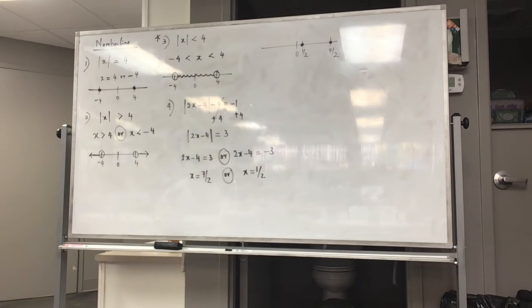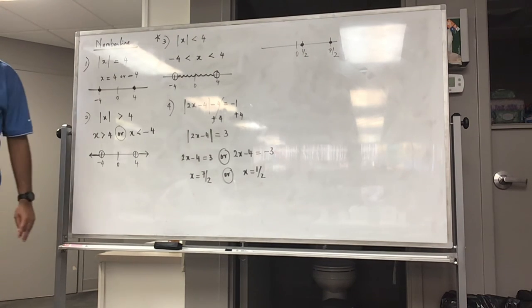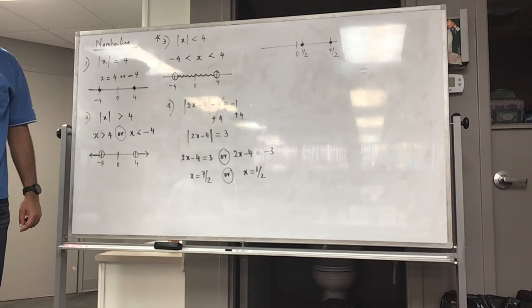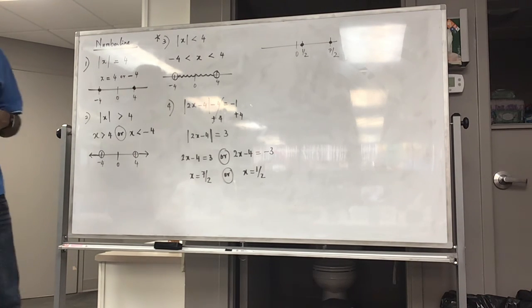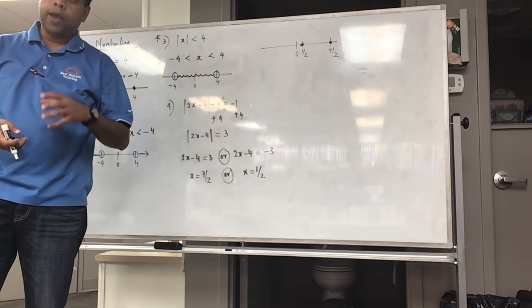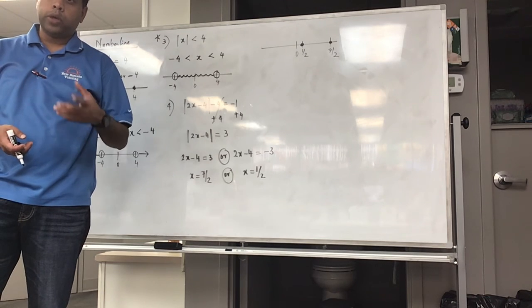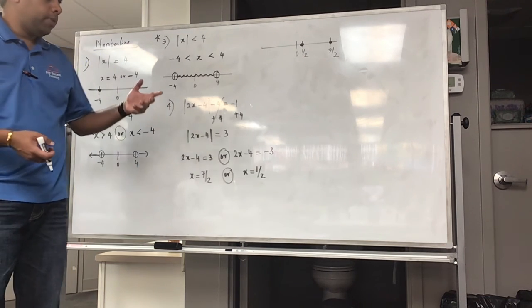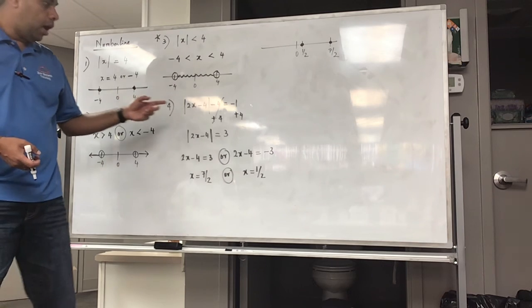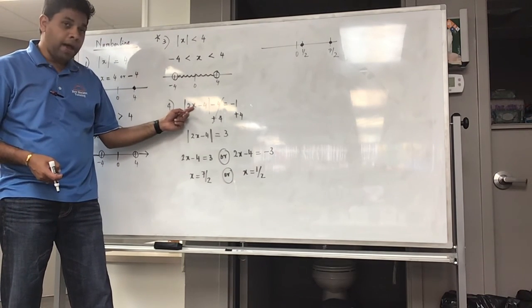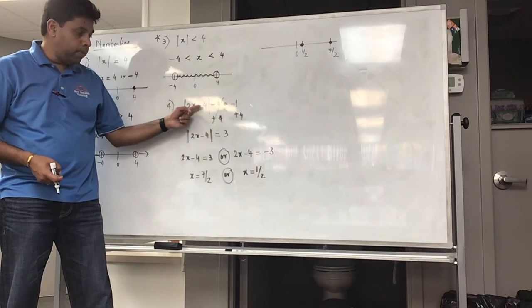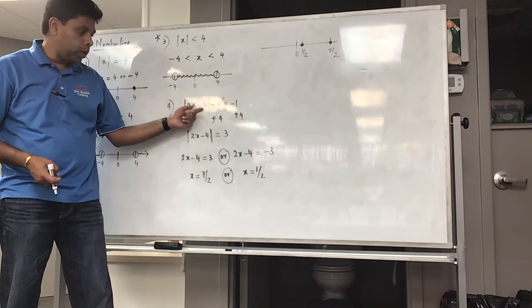One thing I want to tell you guys, be careful with absolute functions. When you get an answer, doesn't matter one solution or two solutions or more than that, at least plug a value back into the equation and make sure it works out. Okay? So for example, if we get 7 over 2 or a half, let's try this here. I put the original equation. 2 times half is 1. 1 minus 4 is negative 3.